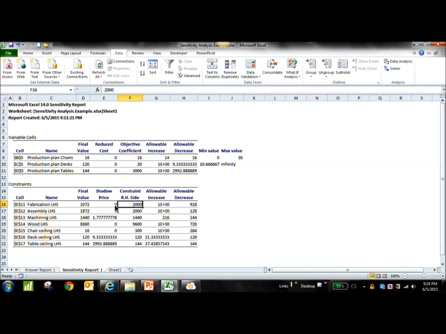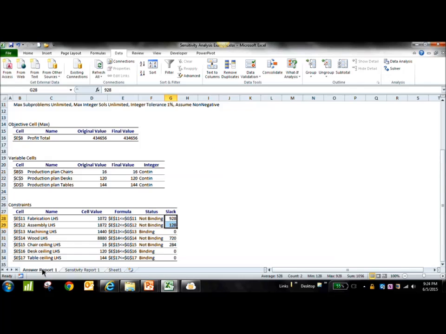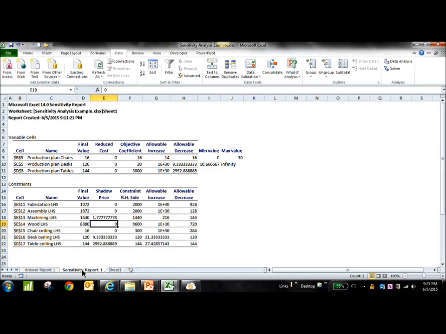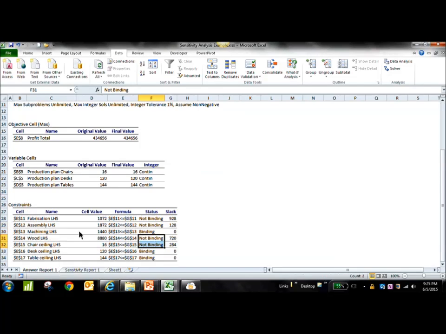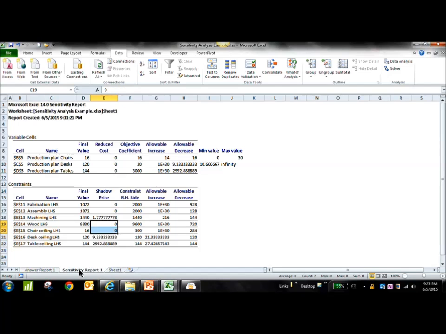Well, from here I can tell that these constraints are not binding just by looking at the shadow price. And if I compare them to the answer report: not binding, not binding, the first two and the fourth and the fifth.